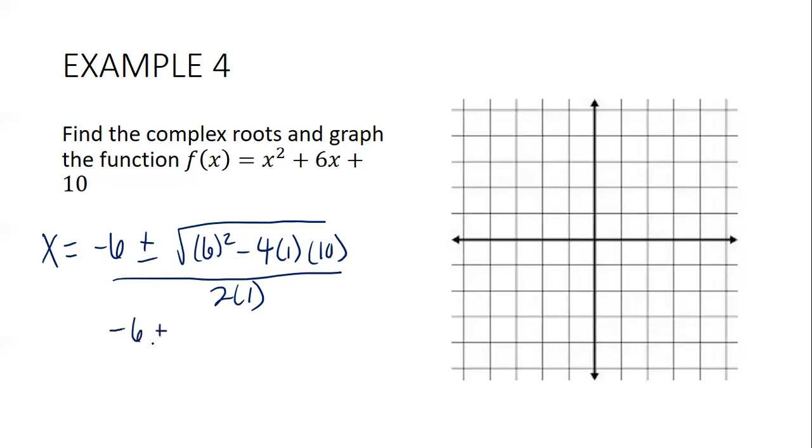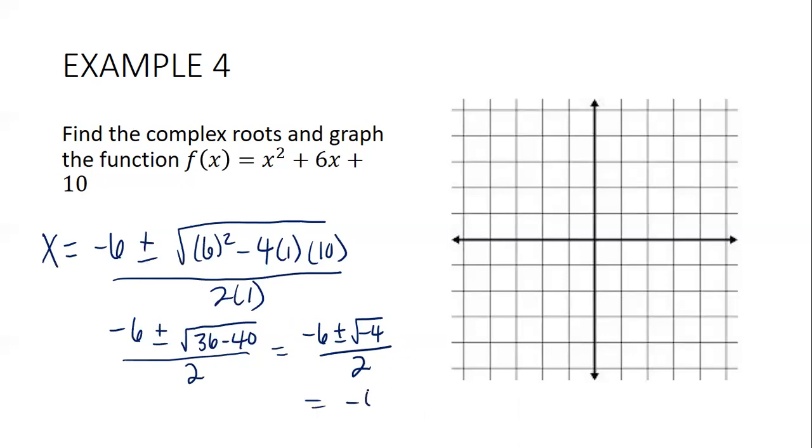We have negative 6 plus or minus the square root of 36 minus 40 all over 2. So we have negative 6 plus or minus the square root of negative 4 all over 2. What is the square root of negative 4? 2i. So now we have negative 6 plus or minus 2i over 2.